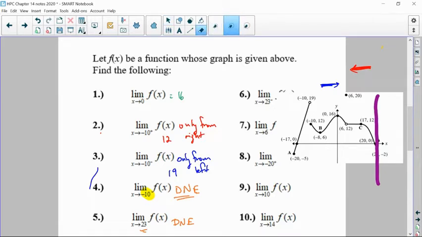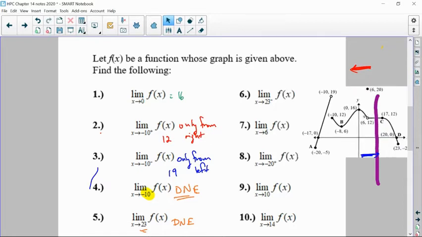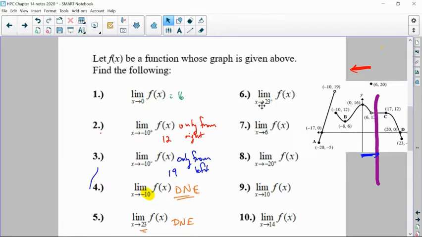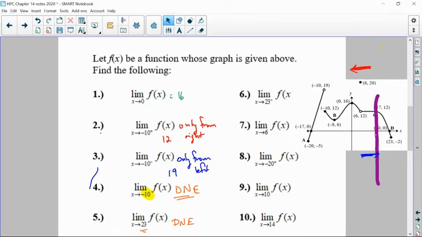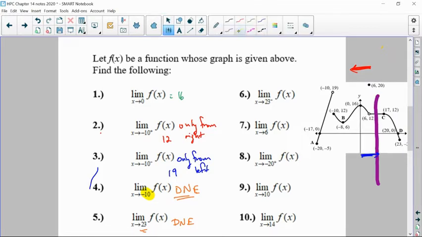Cool. All right, there you go. So now just from the left, I'm good, because just from the left, I hit right at negative 2. I don't need to worry about anything on the other side. So this is defined. This is fine. I can actually take the limit, and the limit as x approaches 23 from the left is equal to negative 2.